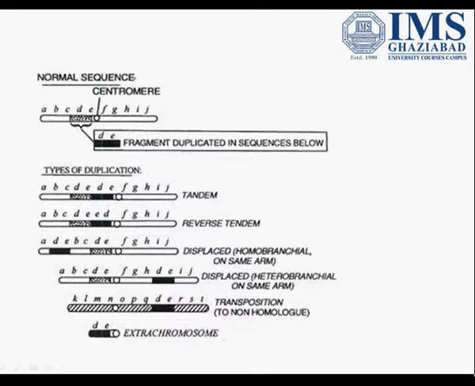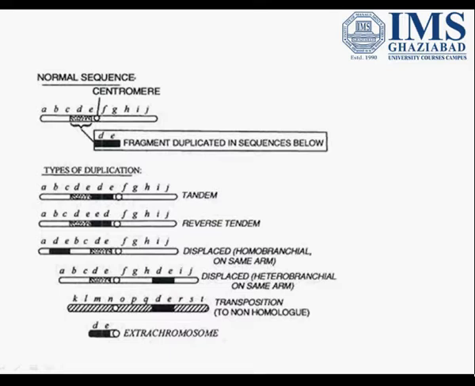Now what is the condition? After A, the DE portion, that is the darker portion which we have earlier, gets added, and again we are having B, C, D, E, F, G, H, I, J. This is called displaced duplication, which is homobranchial in nature, meaning the addition of the genes is taking place on the same arm.